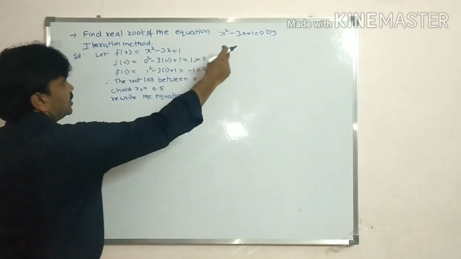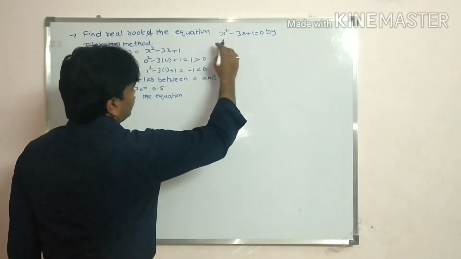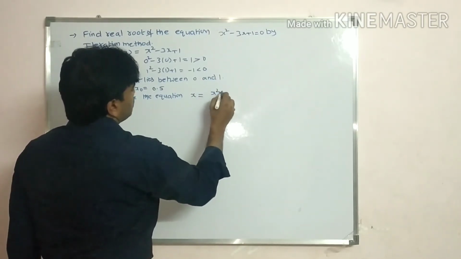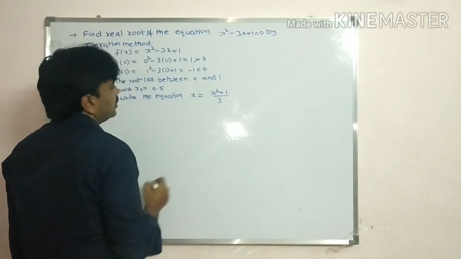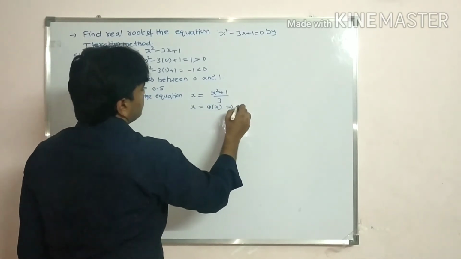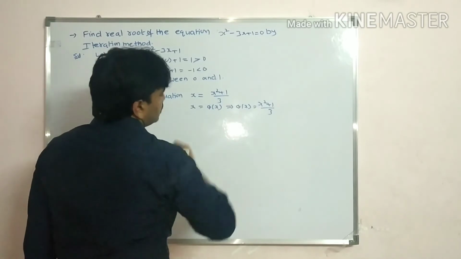What is the equation, students? X square minus 3x plus 1 is equal to 0. Now you transpose this side and divide by 3. We get directly x is equal to x square plus 1 by 3. Now this is like x is equal to phi of x. What is phi of x, students? Phi of x is equal to x square plus 1 by 3.